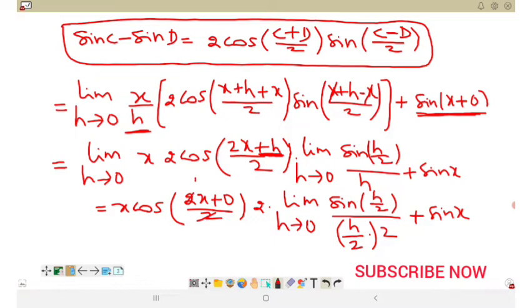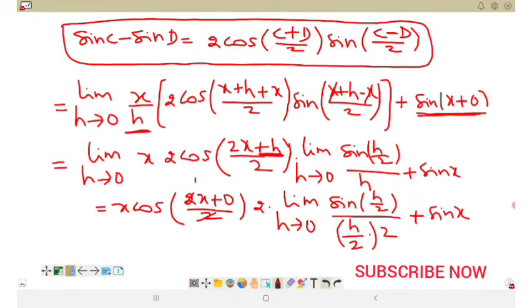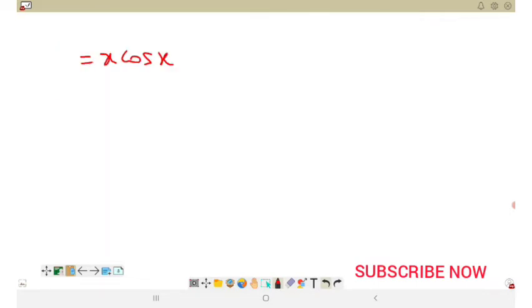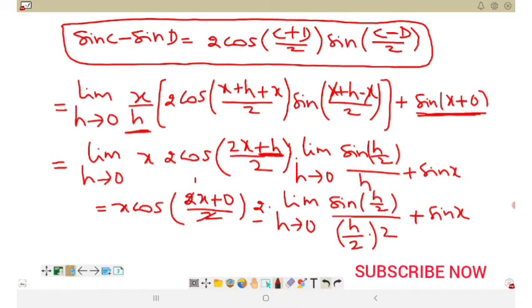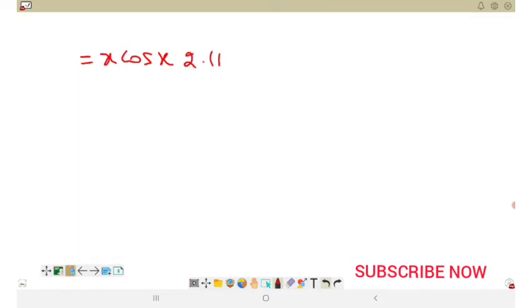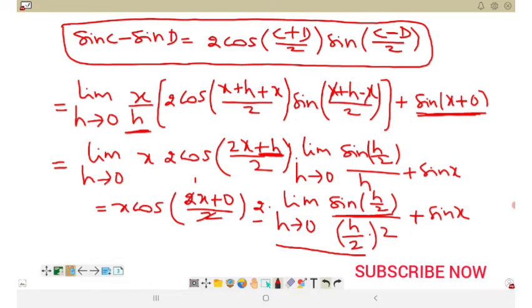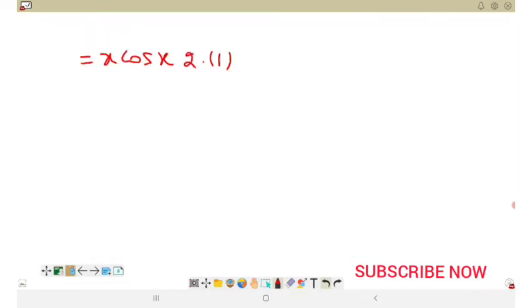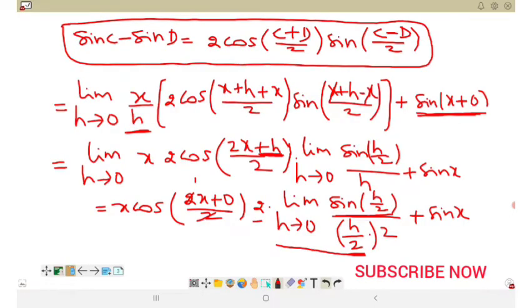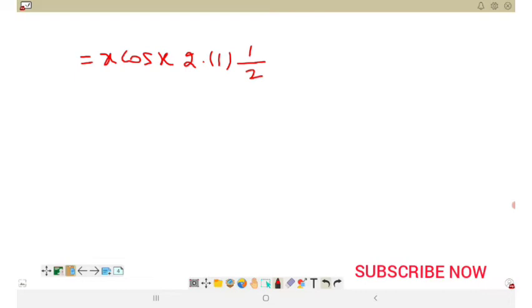So the 2 ones cancel, x into cos x, 2 into limit h tends to 0 sin of h by 2 by h by 2, that is 1, into 1 plus sin x.